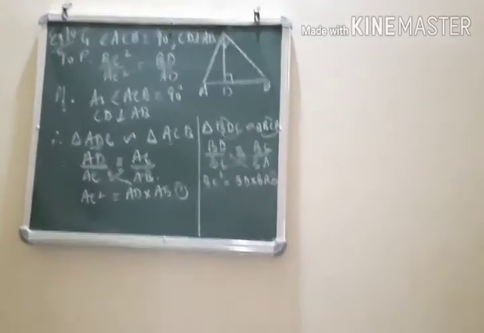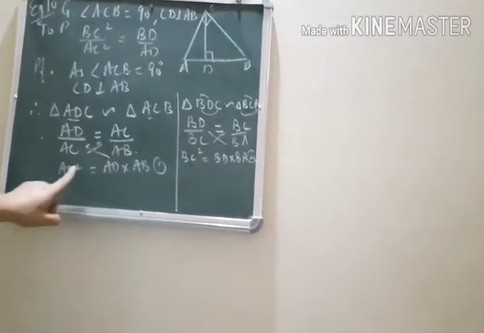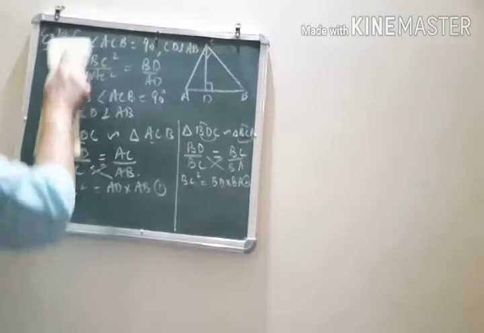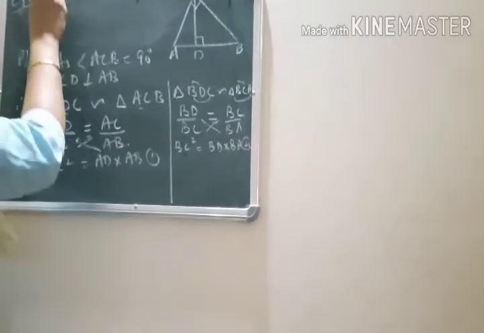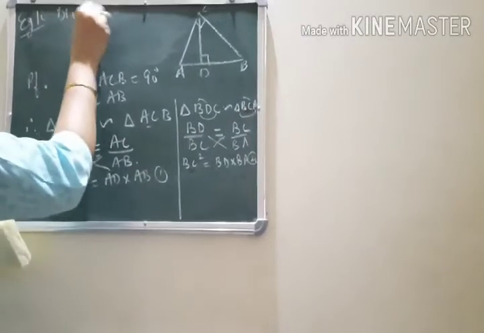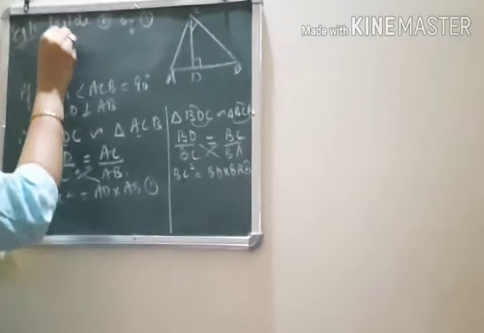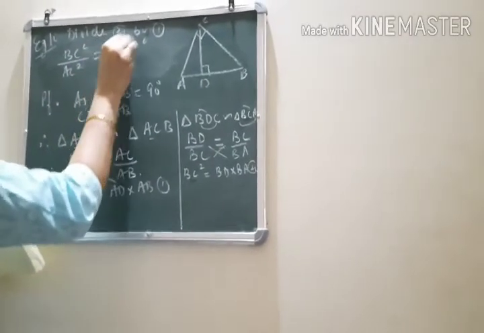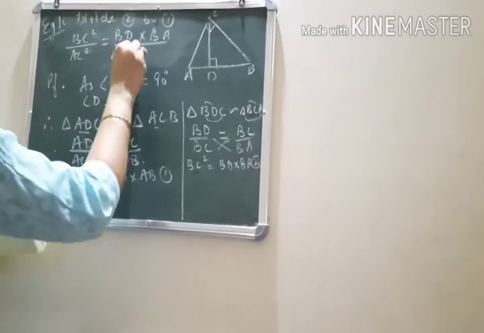Right? Now if you look at the question, BC square upon AC square is required. So we'll divide equation 2 by 1. So we'll write BC square upon AC square is equal to BD into BA upon AD into AB.